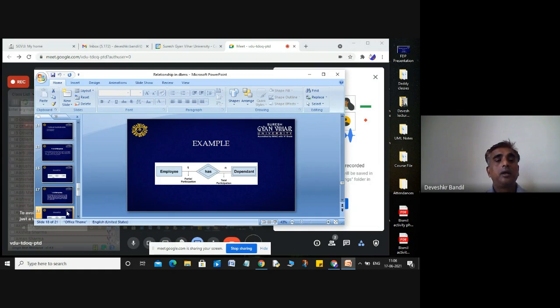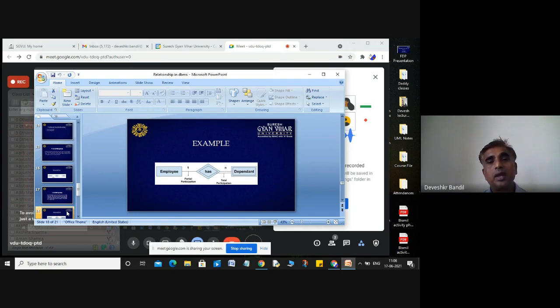And we have two entity types in this partial participation example, the employee and the dependent. All the dependent entities are related to one or the other employee entity. This is called the total participation of the entity in the relationship.